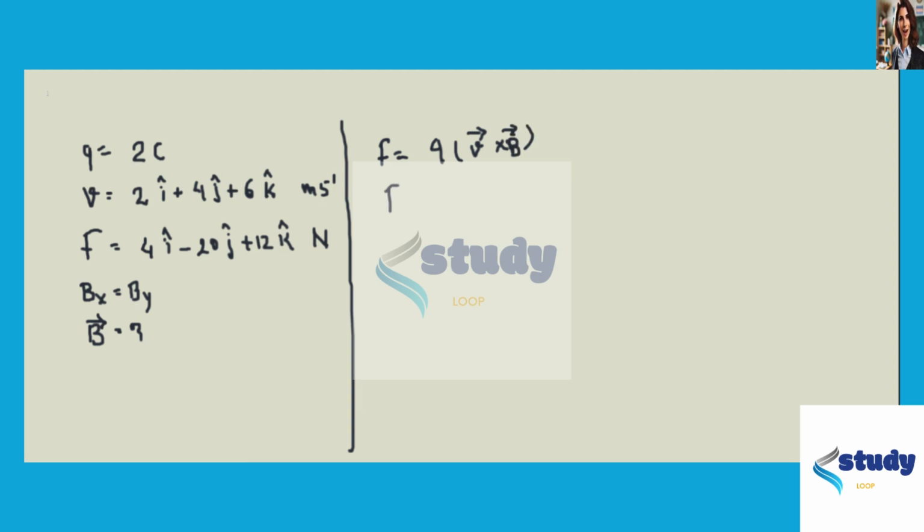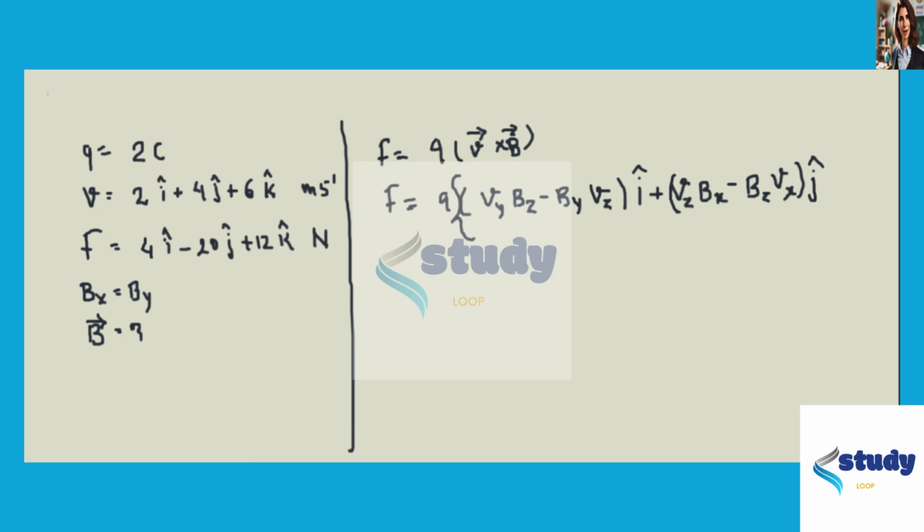So if you dissolve these components of V and B and do cross multiplication, then V cross B is equal to (Vy Bz minus Vz By) in the i direction, plus (Vz Bx minus Vx Bz) in the j direction, and in addition to this there is the force in the k direction, and that is (Vx By minus Vy Bx) in the k direction. Here Q is for the whole.